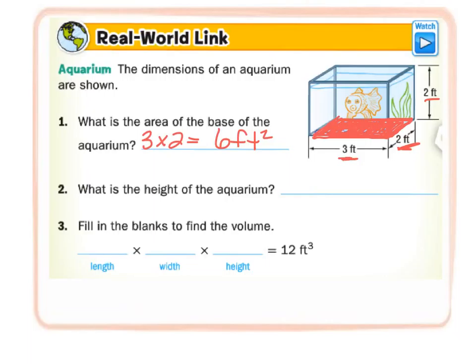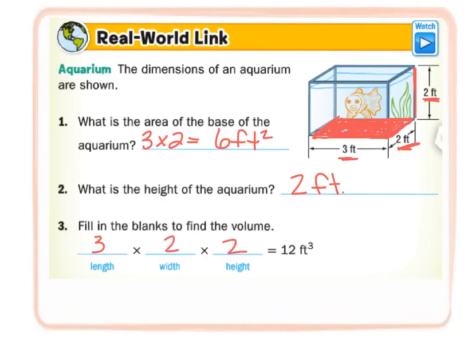Now it says, what is the height of the whole aquarium? That's right here. That's 2 feet. Now that's not squared because that's just a dimension. It's not the area. Now it says to fill in the blanks to find the volume: the length, 3, times the width, times the height.